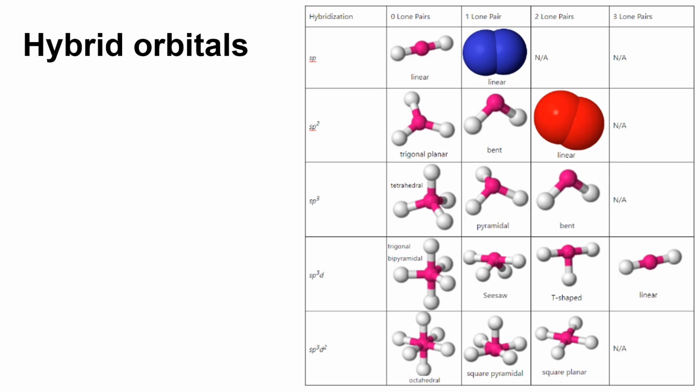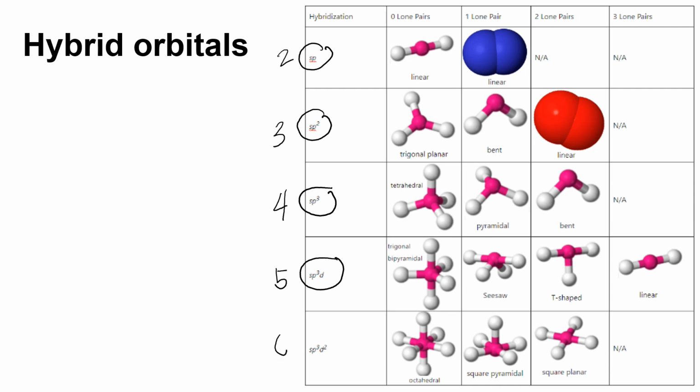If there are 2 orbitals, the hybrid orbital is sp. If you have 3, that is sp2. If you have 4, that is sp3. If you have 5, that is sp3d.